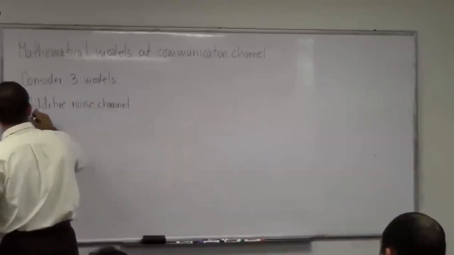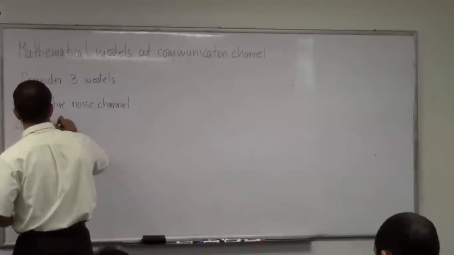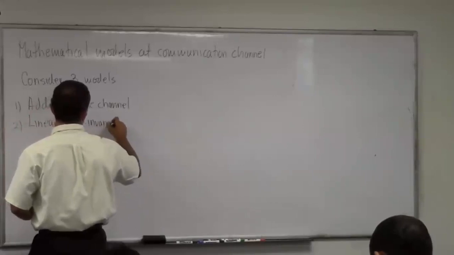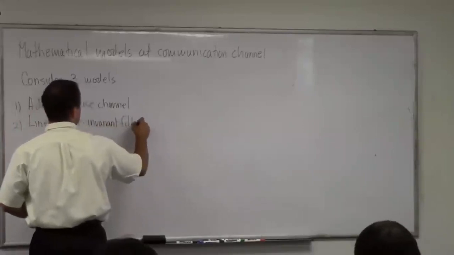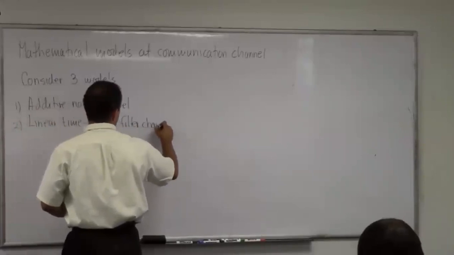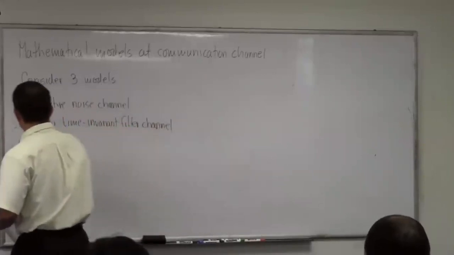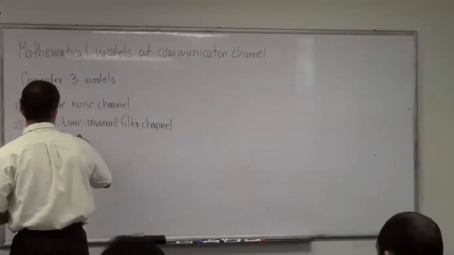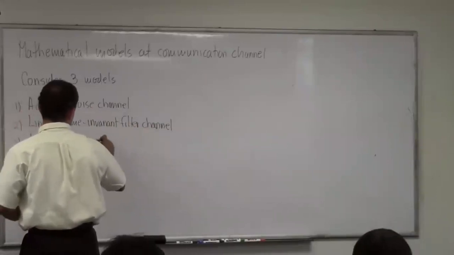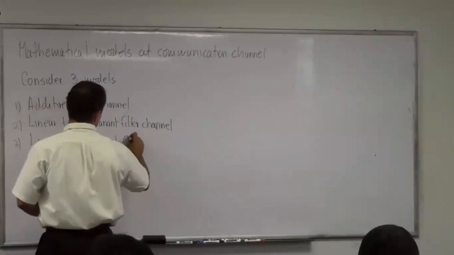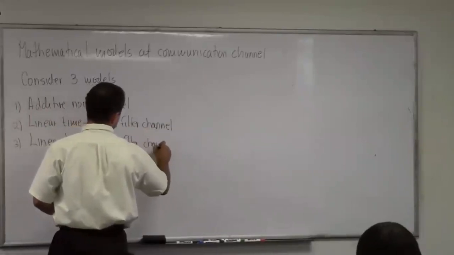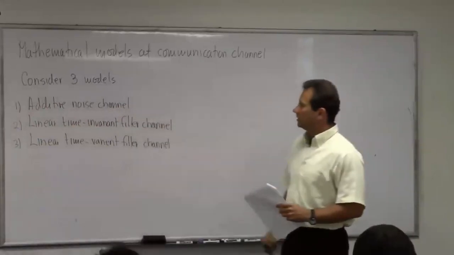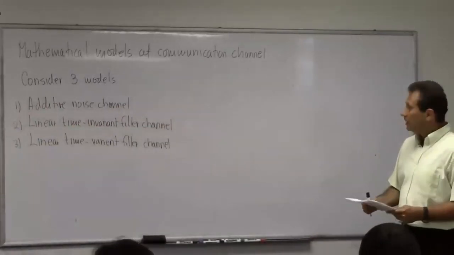The second one is going to be a linear time invariant filter channel. And the third one is going to be a linear time variable filter channel. So these are the three types of channels that we're going to consider.